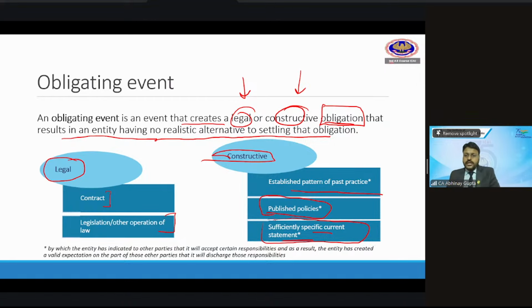So if the company has specifically assured you of the quality standards of the product, then this is also a constructive obligation. Although they have not entered into a contract that in case you are not satisfied, we will incur the repair cost, exchange the product, or return the money, they only assured you that the product is of best quality. Still, they are casting a constructive obligation on themselves. So this is the nature of constructive obligations.